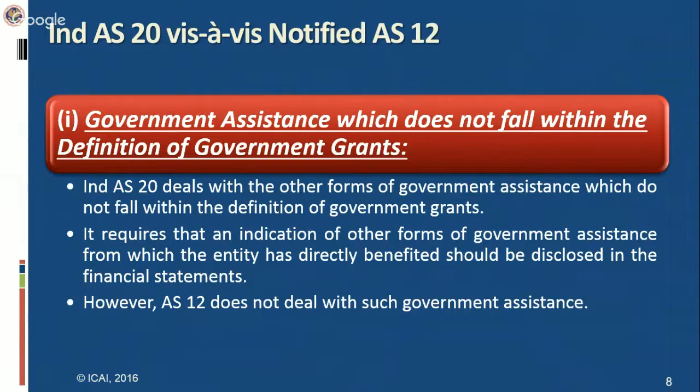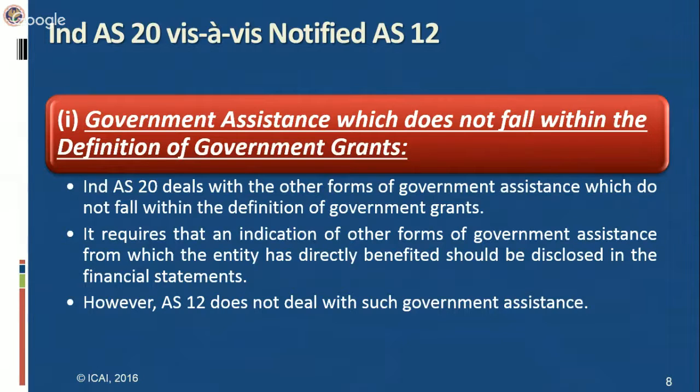The definition of government grant as per Ind AS 20 states that it excludes those grants which cannot reasonably have a value placed upon them. Therefore, it is again said government assistance is only action taken by government, not something which is in monetary terms, which does not have any value placed upon them.